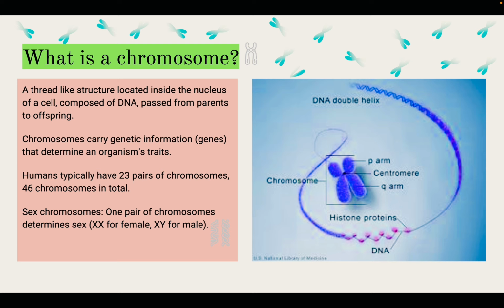So DNA contains genes, and humans typically have 23 pairs of chromosomes, so a total of 46. One pair of chromosomes determines your sex. So females have 2 X chromosomes, while males have 1 X and 1 Y. So chromosomes play a vital role in inheritance, passing traits like eye color and hair type from parents to offspring.